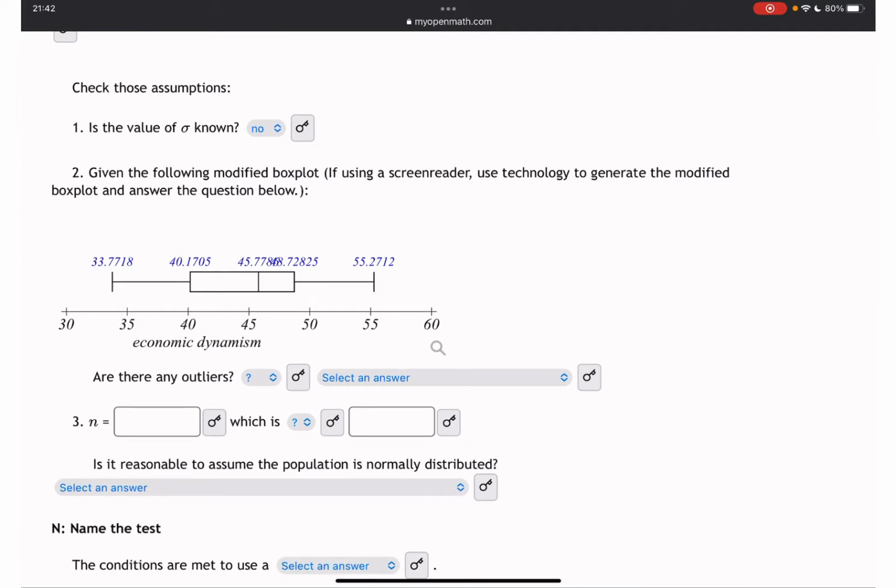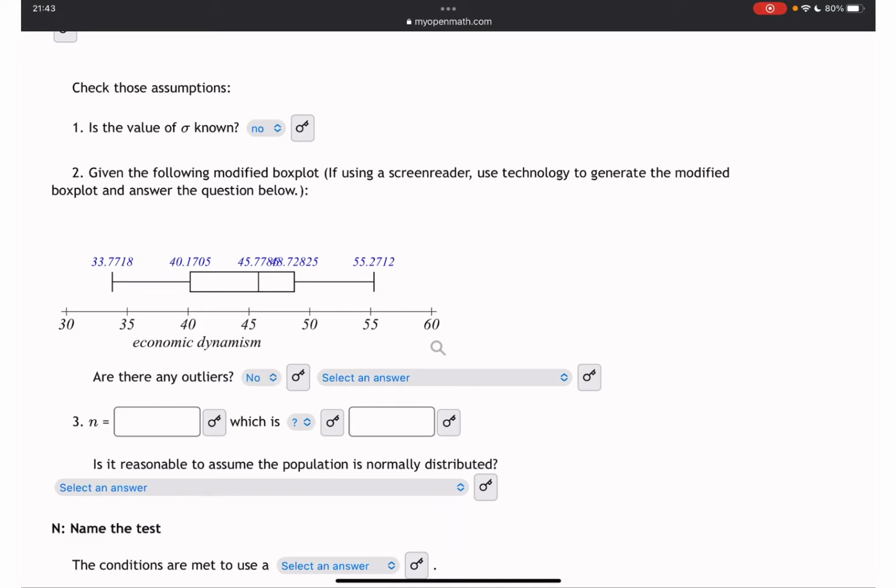When I'm looking at these possible outliers, 33.77, 18 and 55.2712, they are an equal distance far away from the main box plot, correct? Therefore, we say no, there are no outliers. If one outlier were much further than the other, then we would decide that there is an outlier.